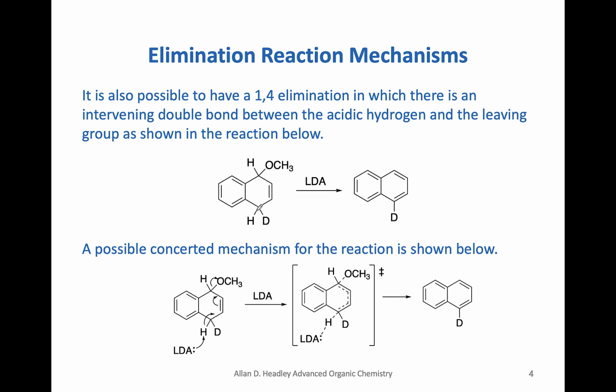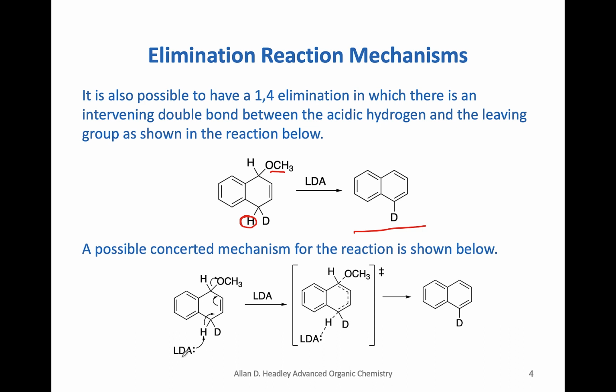Here's our leaving group here, so it can leave. And here is a hydrogen that's potentially acidic, so the base can abstract this, and that's a leaving group. So let's see how this mechanism is possible to give this as our product.